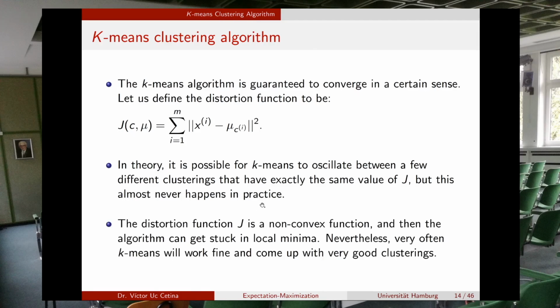And the reason is that this distortion function is a non-convex function, so it means that it has more than one minimum point. So the algorithm can get stuck in some local minimum. However, very often k-means will work fine and will get a good clustering scheme.